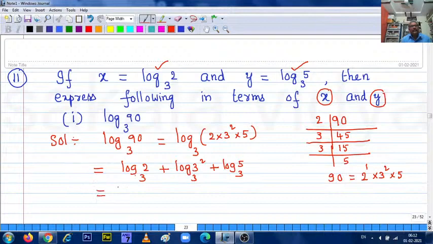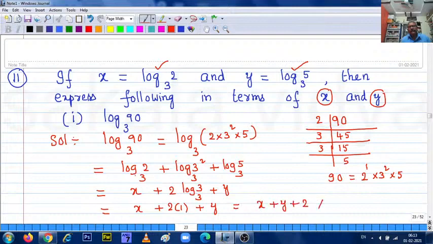Log 2 base 3 is x, plus 2 times log 3 base 3, plus y. Log 3 base 3 is 1. So x plus 2 times 1 plus y, which can be rewritten as x plus y plus 2. This is the answer. That means log 90 to the base 3 has been expressed in terms of x and y, equal to x plus y plus 2. So you might have understood this step.